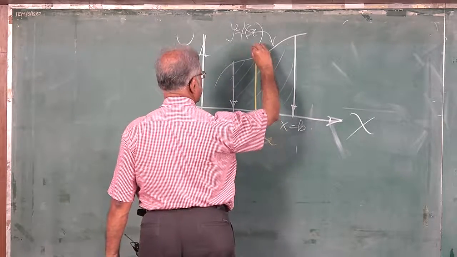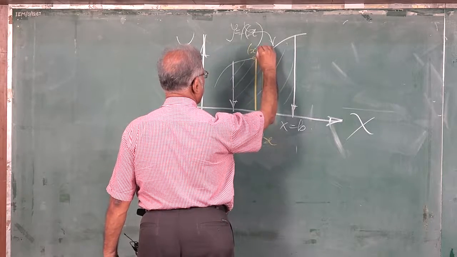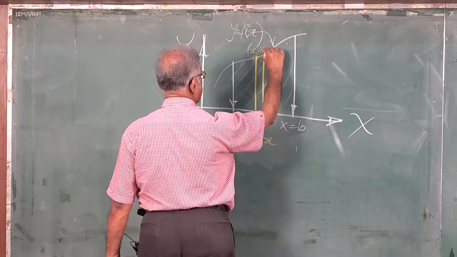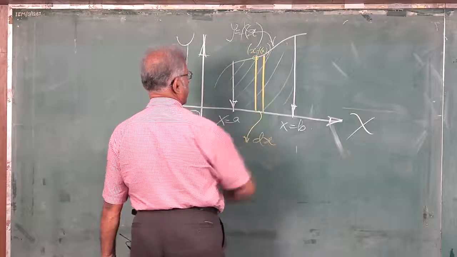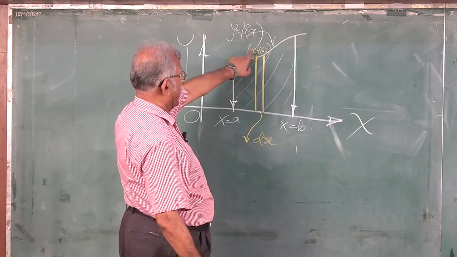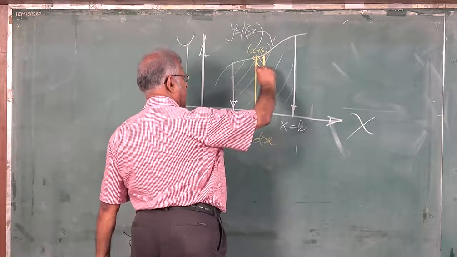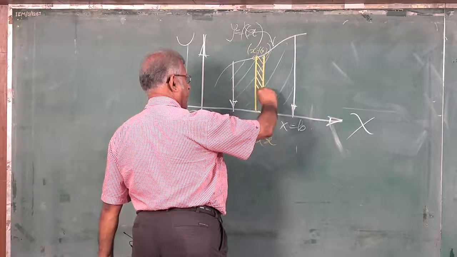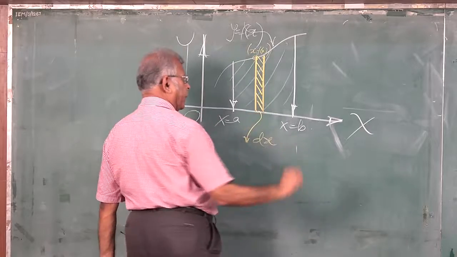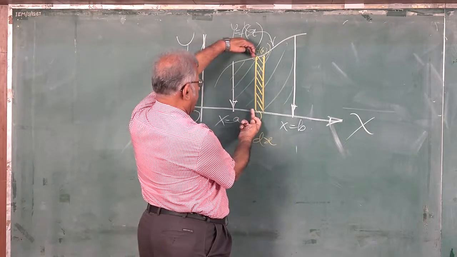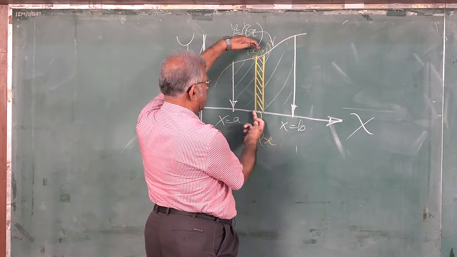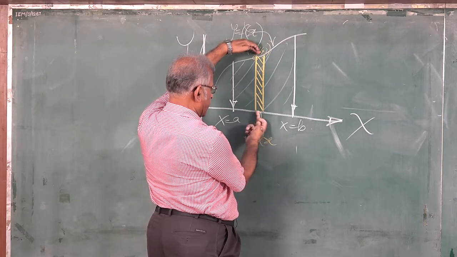This point is x, y, and y is f(x). So, we can designate this point as x and f(x). Now, it will be very clear that this strip area can be represented by simply this ordinate y, which is f(x), into dx.